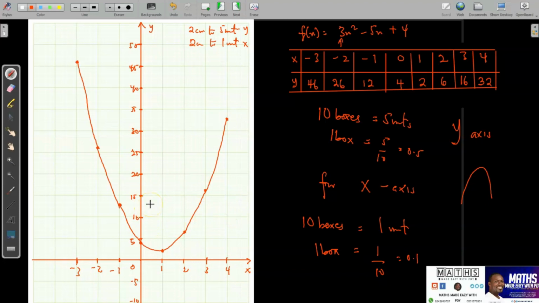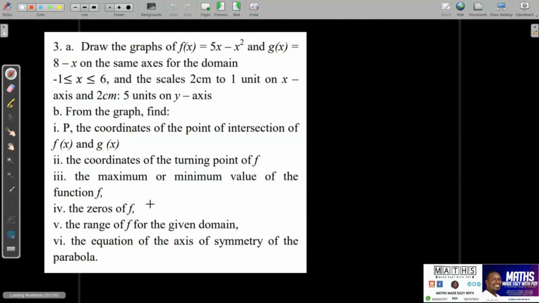So I have one question here, and I would like you to screenshot and try your hands on it and give me feedback on quadratic curves. One is here. Kindly screenshot it. For the meantime, just draw the graph. Then the other part of it will be done later on.